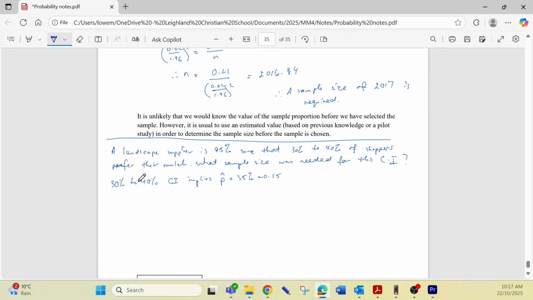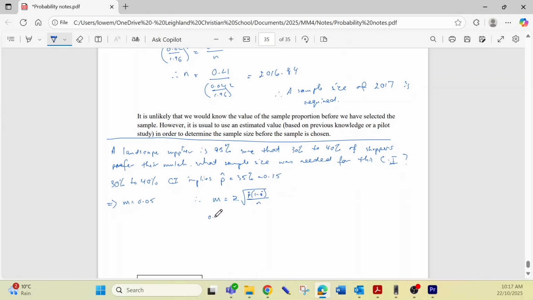If our endpoints are 0.3 and 0.4, that means our margin of error is equal to 0.05. Therefore, we can use m equal to z times the square root of p hat times 1 minus p hat over n.